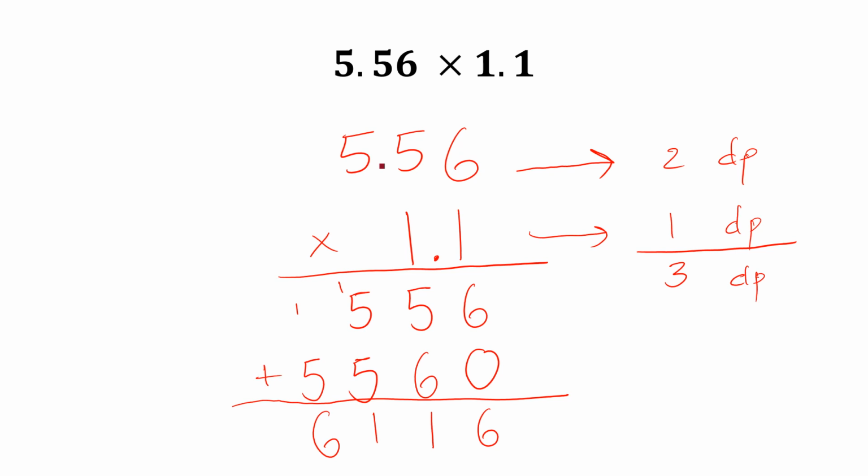That simply means in our answer, in our product, we should have 3 decimal places. So let's count. So it's going to be 1, 2, 3. So we are going to place our decimal point between the 6 and the 1. So the answer to that question will be 6.116.